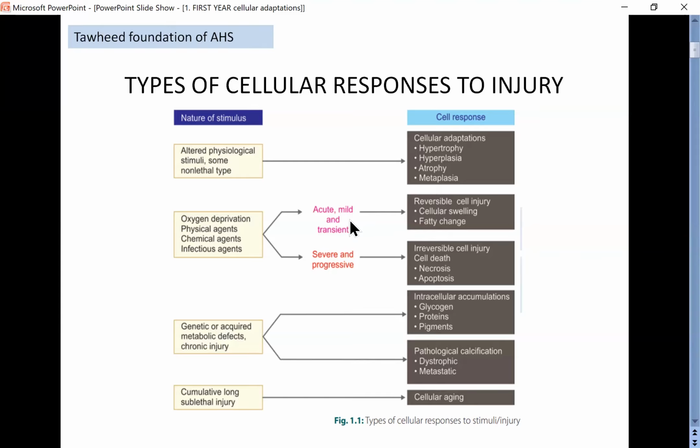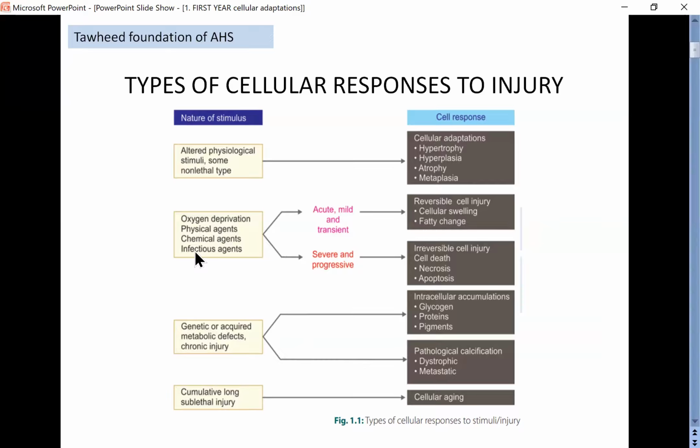Or physical agents like thermal shock or radiation, or chemical agents like strong alkalis, acids, or air pollutants, or therapeutic drugs, or infectious agents like bacterial infections and the toxins they produce, viruses, or fungal infection.